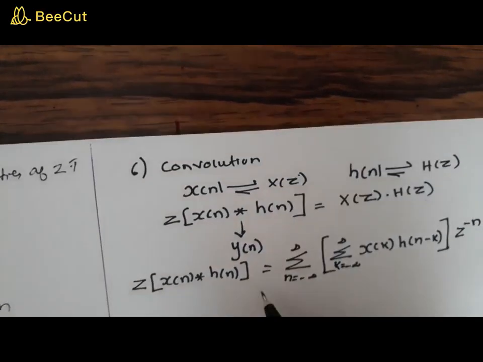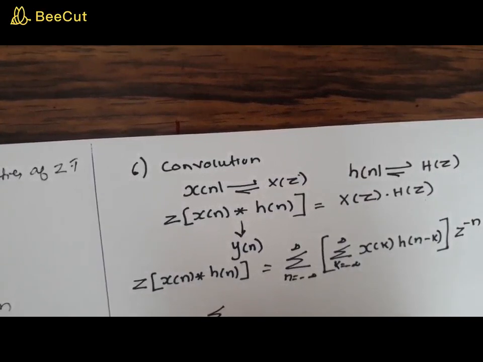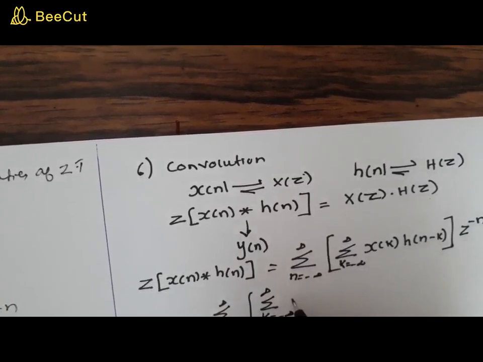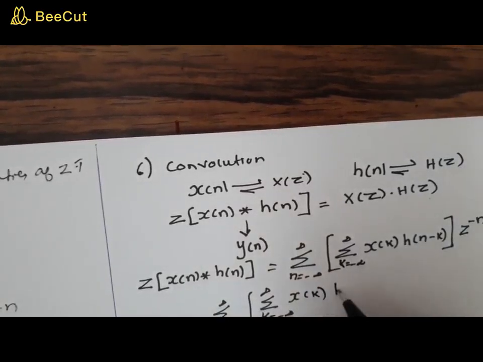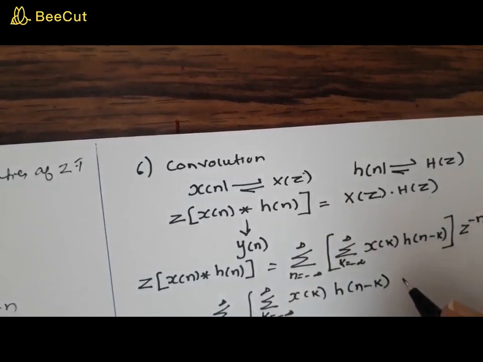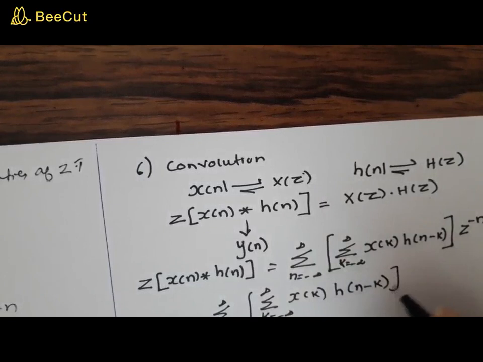Now onto this, all of you please listen, you must be very cautious when you do this. It's a simple technique: I am just putting in, along with this z raised to minus n, some z raised to minus k and z raised to plus k.